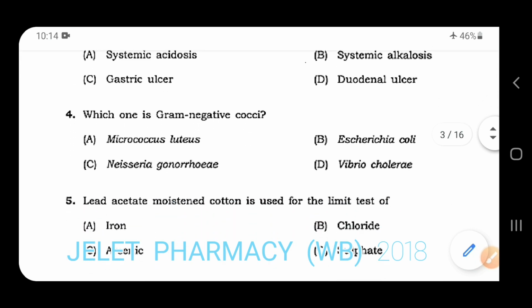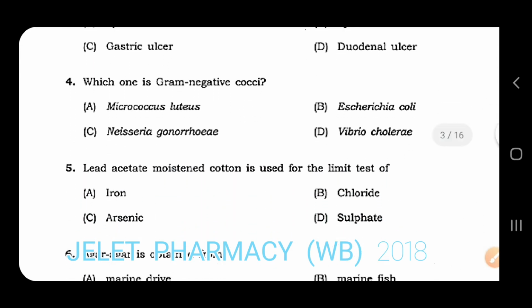Next question, that is question number 4. Which one is gram-negative cocci? The options are Micrococcus luteus, Escherichia coli, Neisseria gonorrhoeae, Vibrio cholerae. Here Micrococcus luteus is a gram-positive cocci.